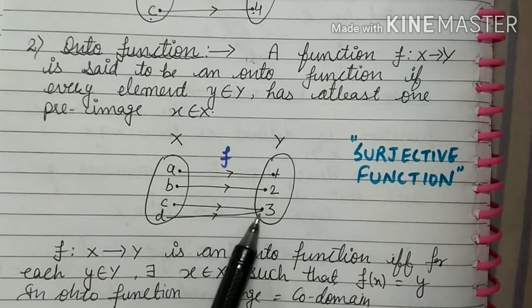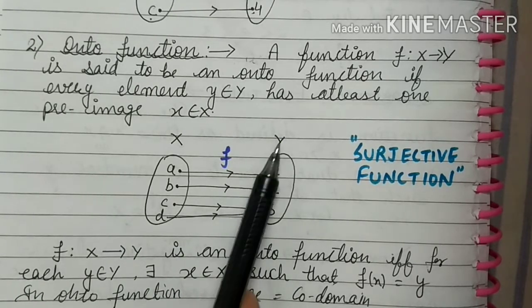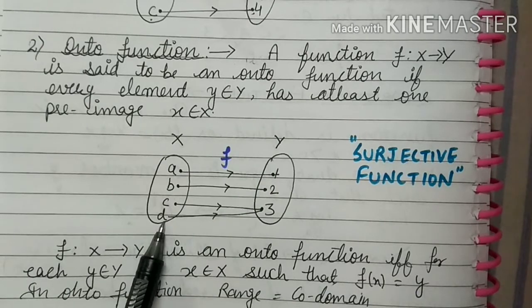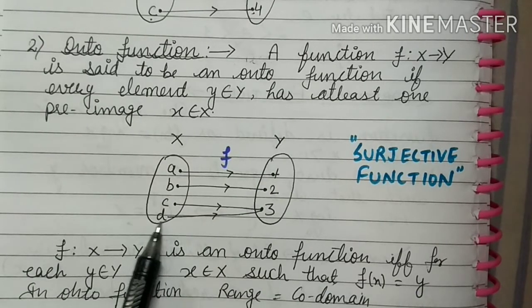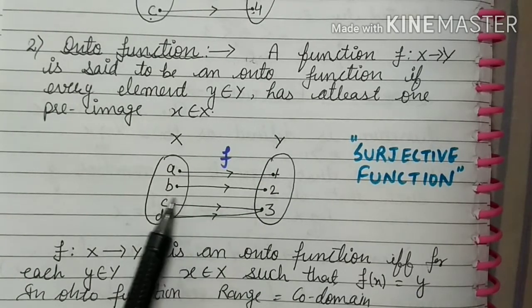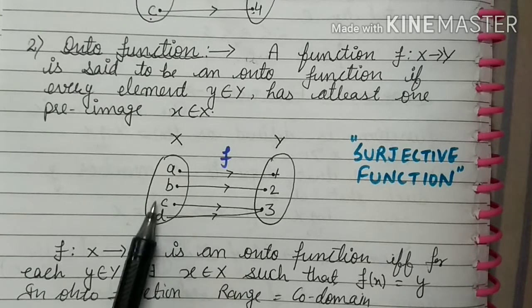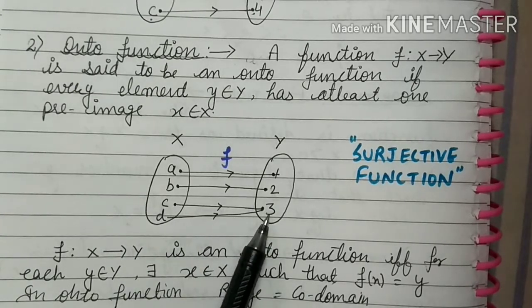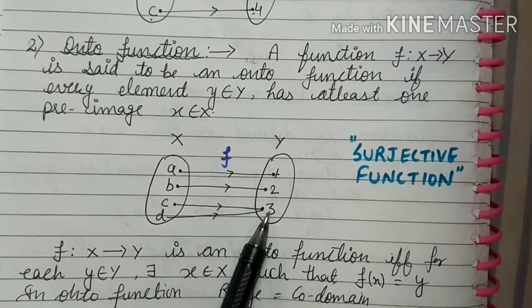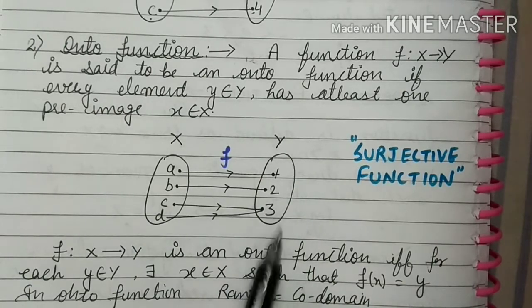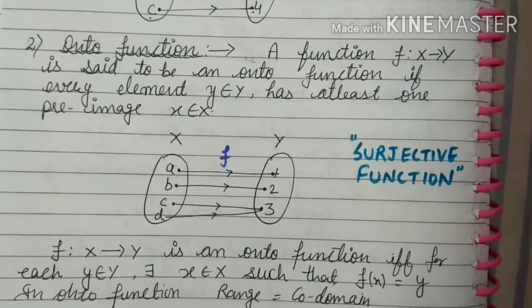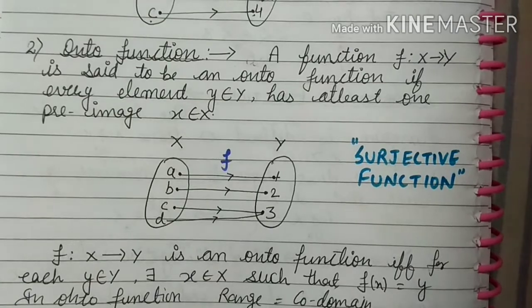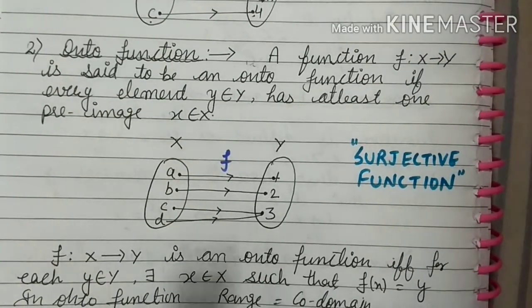You can see in this arrow diagram, element 3 in the set Y has two preimages. It may happen. It is possible, as we discussed in the definition of function, that two elements have the same image. So for the onto function, no element in set Y should be without a preimage. At least one preimage should be there.